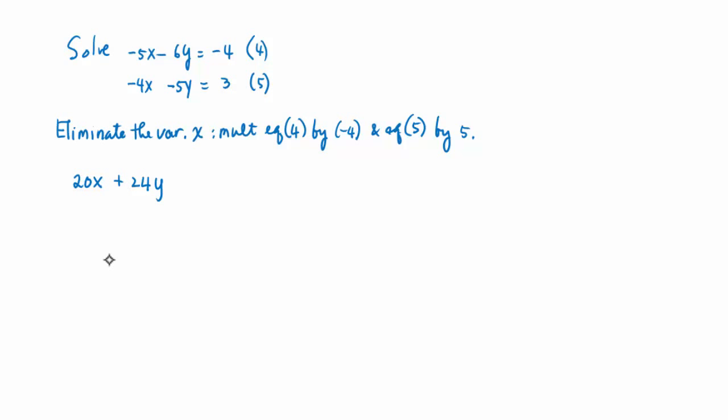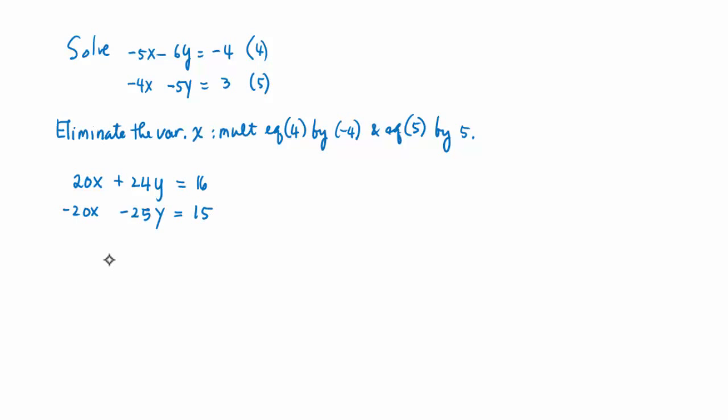Because multiplying everything by negative 4 becomes positive, equal to positive 16. Next, equation 5 will be multiplied by 5. So this becomes negative 20x minus 25y, right? Is that correct? Okay. Is equal to, then what is this? This becomes 15.